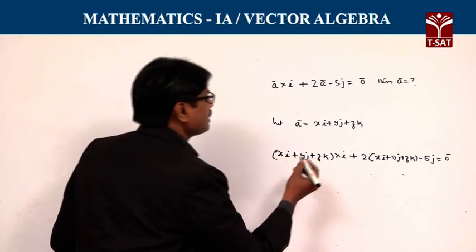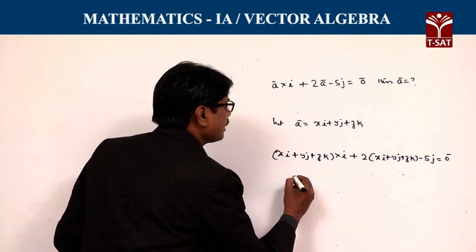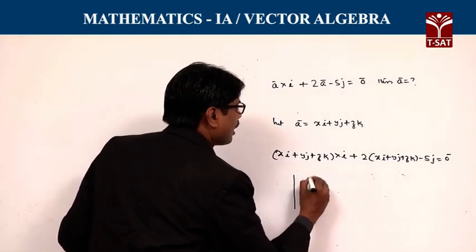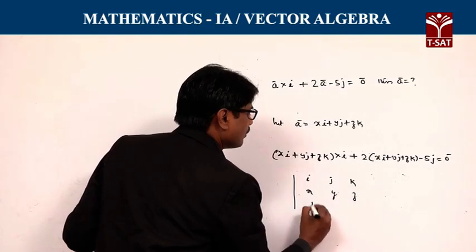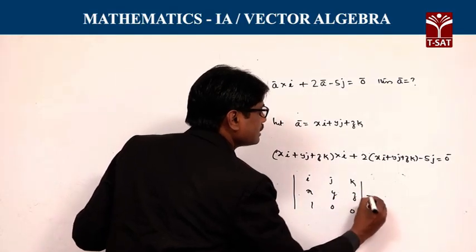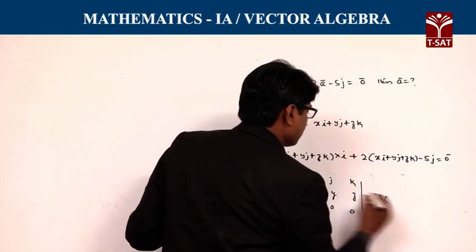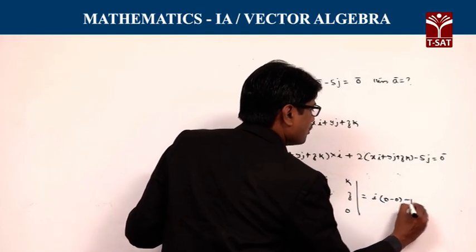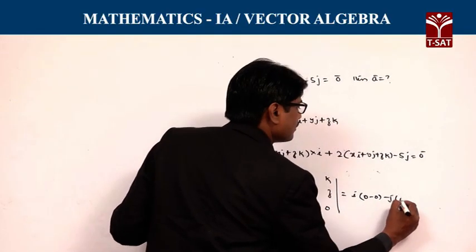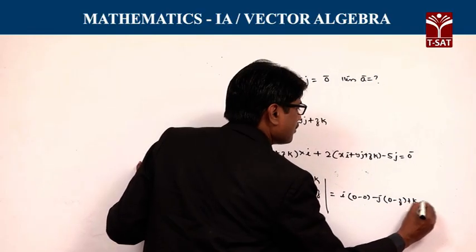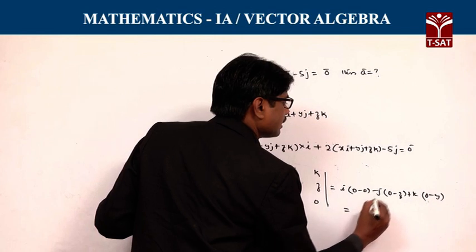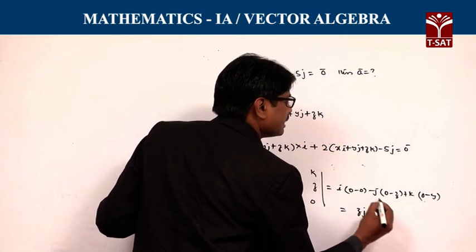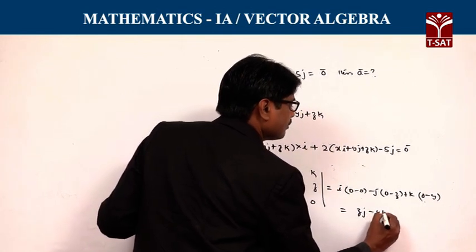Here, applying the cross product between these two, that is the determinant of i, j, k, x, y, z, 1 0 0, which is nothing but i bar times of 0 minus 0, minus j bar times of 0 minus z, plus k bar times of 0 minus y, which is nothing but z times of j bar minus y times of k bar.